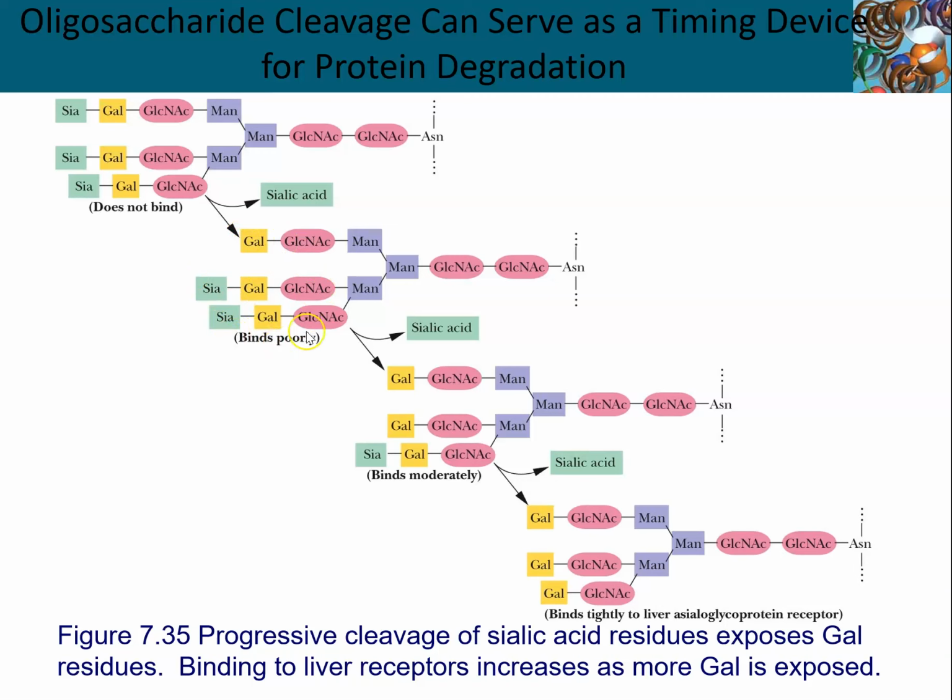This is still poorly bound in the liver, but then you get moderate binding once it gets even older, and once all the sialic acids have been kicked off, this is tightly bound by the liver and targeted for degradation because it's time to remake some new protein that hasn't been working for too long.